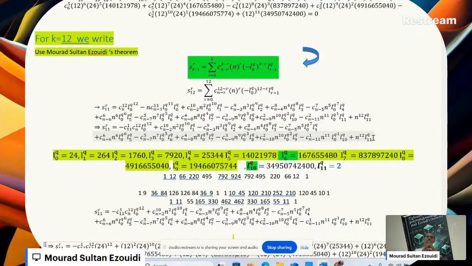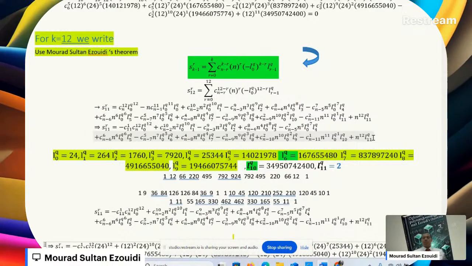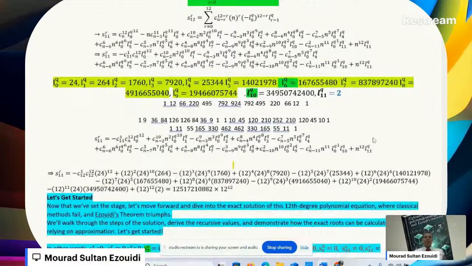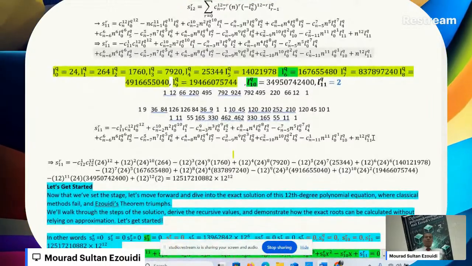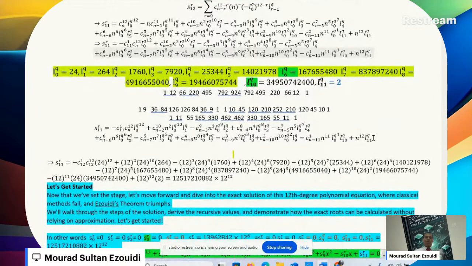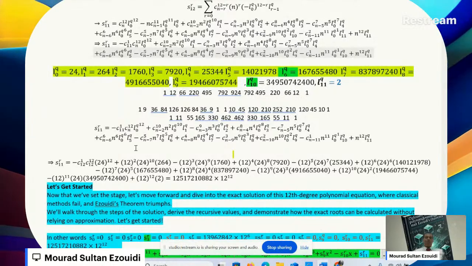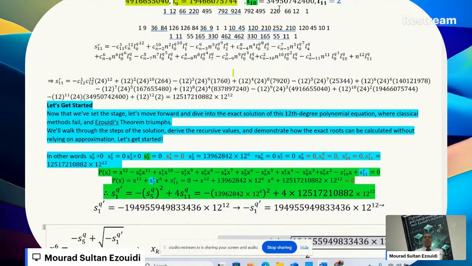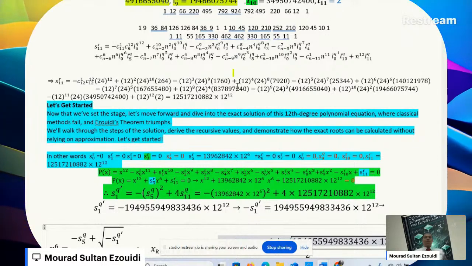Means you reach the last coefficient of your new 12 degree equation. Here we substitute L0 with its value and L1 with its value up to the last coefficient L11.